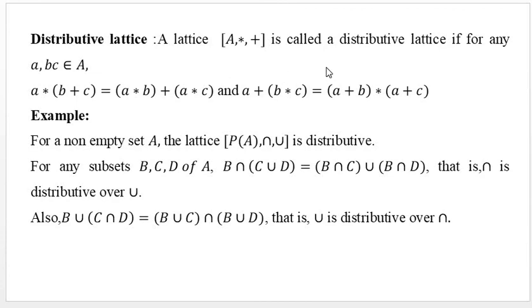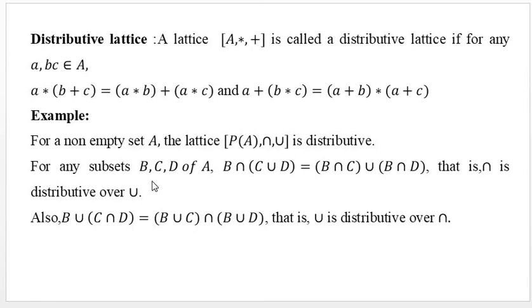Distributive lattice. A lattice L, star, plus is called a distributive lattice if for any A, B, C element of L, A star B plus C equal to A star B plus A star C and A plus B star C equal to A plus B star A plus C. So in this example, power set of A under set inclusion, the greatest lower bound and least upper bound are intersection and union operations respectively.